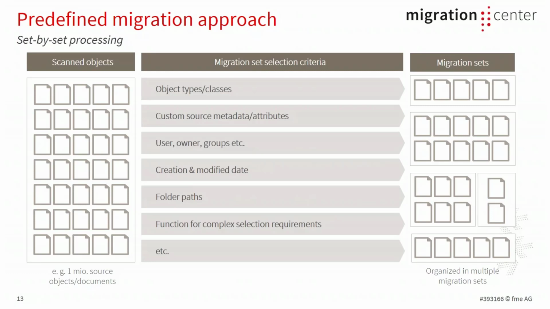So you can really do it set by set. It would mean a scope, or a bunch of documents after a bunch of documents, and then do the whole content storage transfer, or change, in sets or in steps, right? So you can really control the whole process. First do those objects, and then these objects, and so on. And you can use any criteria, any attribute which is available in the scanner or in the source system.